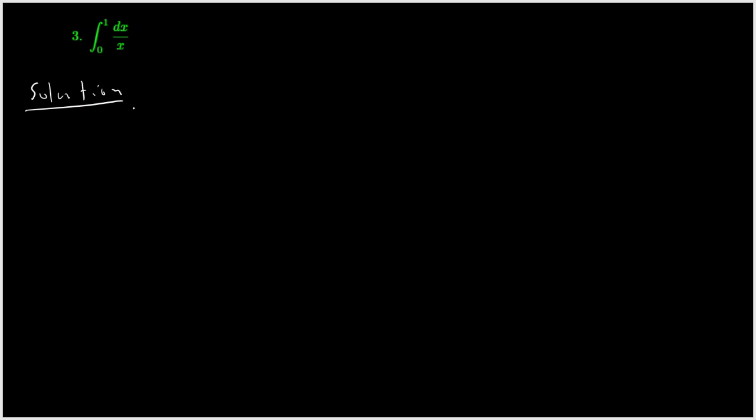For this one, I don't think I have to mention the geometric meaning. We have seen it before, right? So geometrically, we are trying to compute the area under the graph of 1 over x when x is from 0 to 1. Probably still I'm going to mention that.